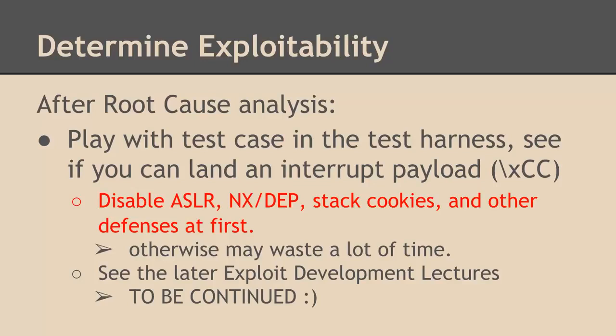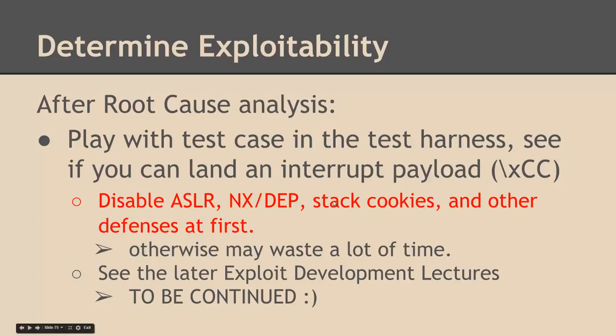Most notably, address space layout randomization, ASLR, as well as NX and DEP, and stack cookies if you have the source and can recompile it without those. These are useful to disable at this point because it allows you to hijack the instruction pointer, if it is hijackable, and proceed in landing a really simple payload.